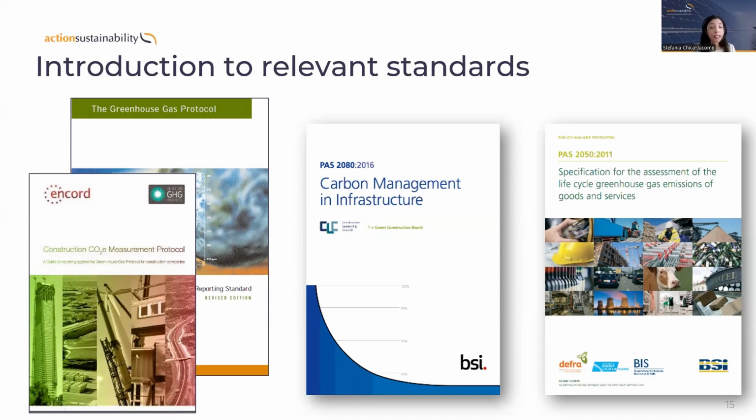It is consistent, and I always say that it's like the Bible of carbon accounting because it explains step by step how you can build your carbon inventory, how you can do these calculations, and it gives you different methods as well on what type of data you can collect in order to do your carbon inventory. So if you need specific guidance on how to report emissions, I would highly recommend to check the Greenhouse Gas Protocol. It is available for free online. You can simply Google it, okay?